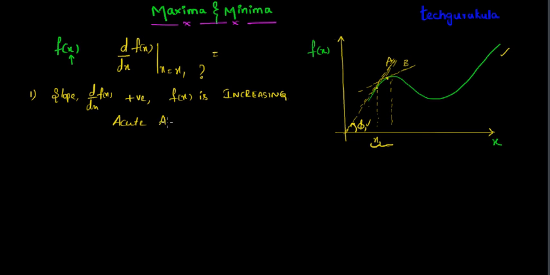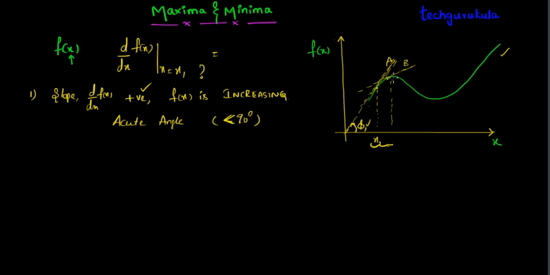This angle is measured by extending the tangential line so that it intersects the x-axis, and we measure the angle here. It will be less than 90 degrees, which is called an acute angle. So the conclusion is: if a function is increasing, its slope or differentiation has a positive value, and the angle it makes with the x-axis will be an acute angle.